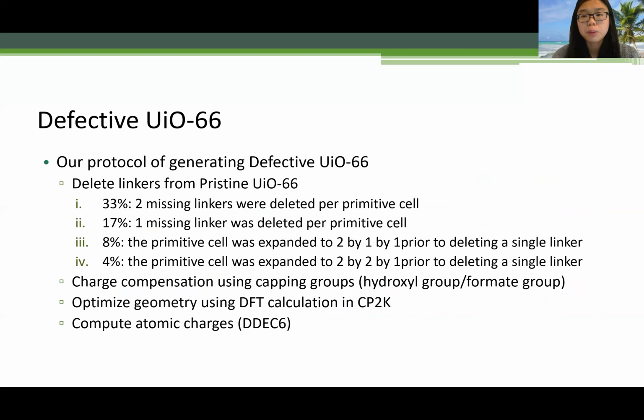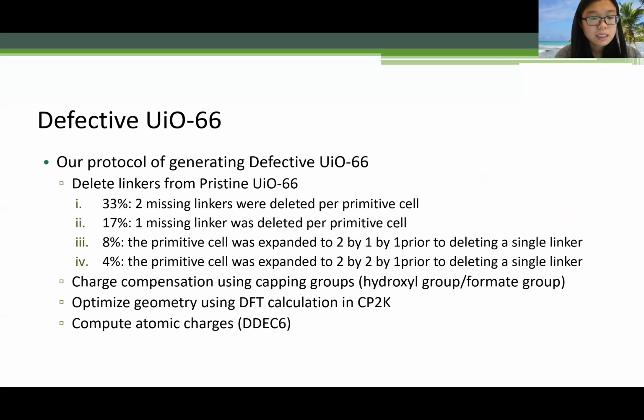Here is our protocol for generating defective UiO-66. First, we delete linkers from pristine UiO-66. The defect levels we studied are 33%, 17%, 8%, and 4%.